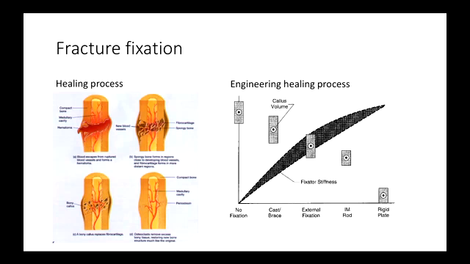And then in the end, it may not ever heal properly. As you go along this axis, you have more and more rigid types of fixation, and the callus volume is reduced.